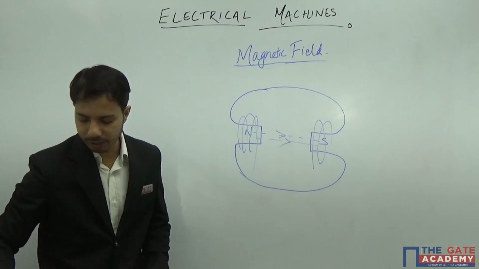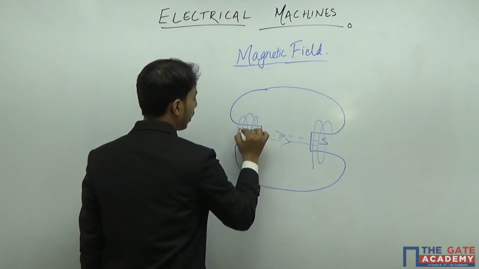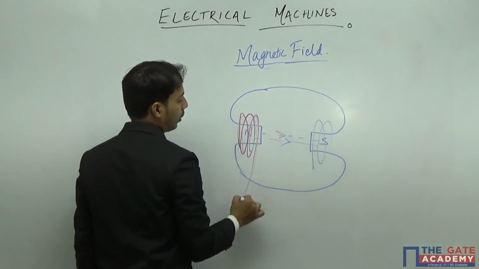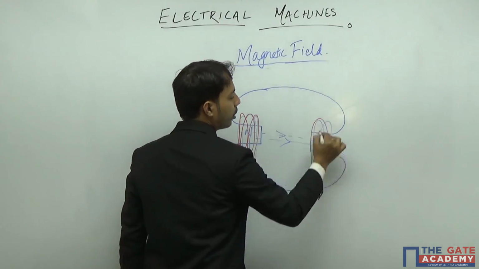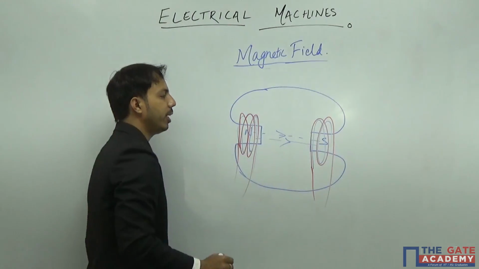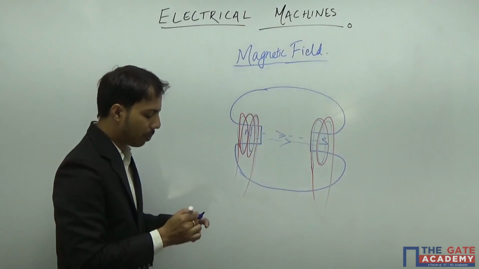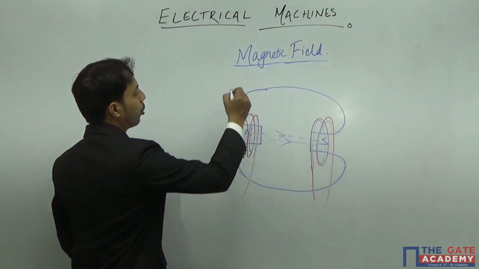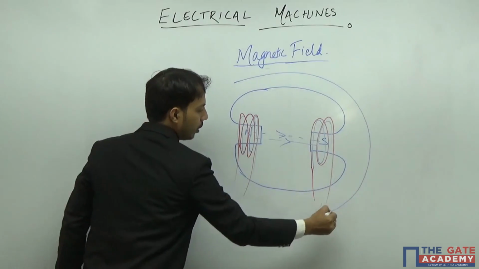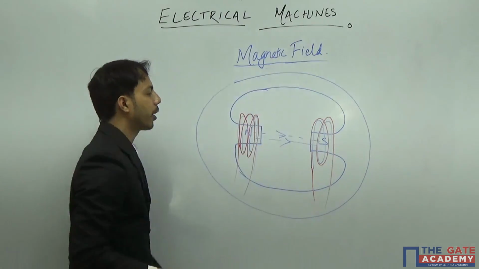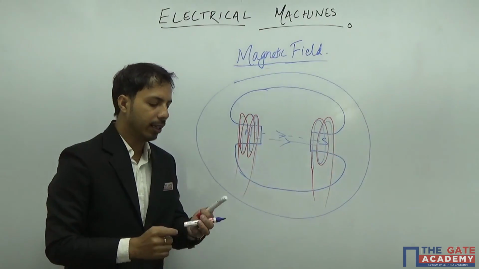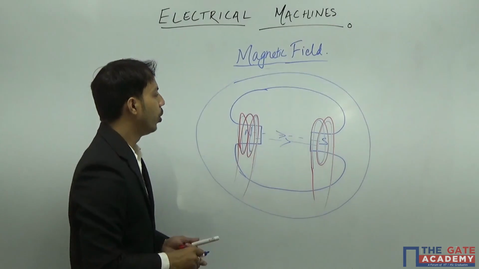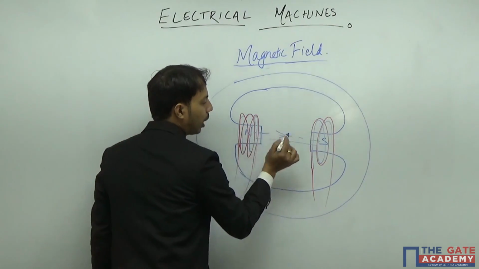This is an electromagnet which is caused by some conductors. I can color the conductors. So these are my conductors, and I've created this electromagnet. You see, this blue is my core. Now what I have said is that the fields will flow from north to south outside the bar.